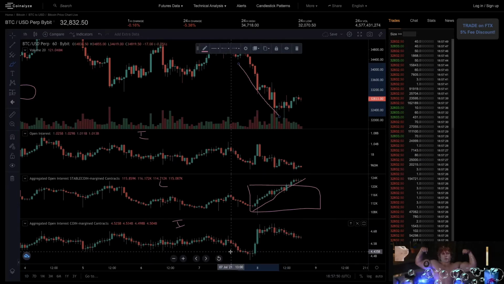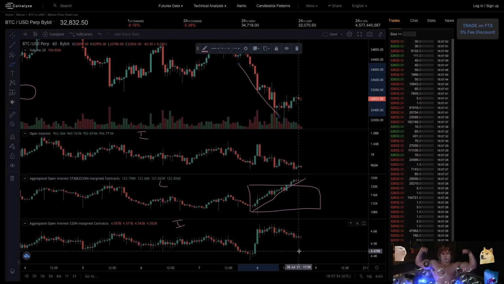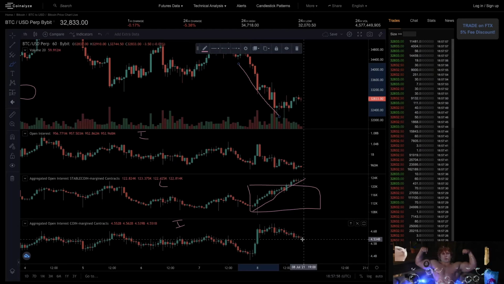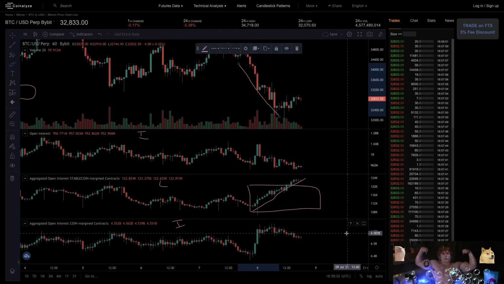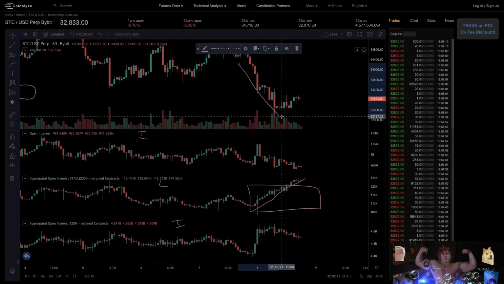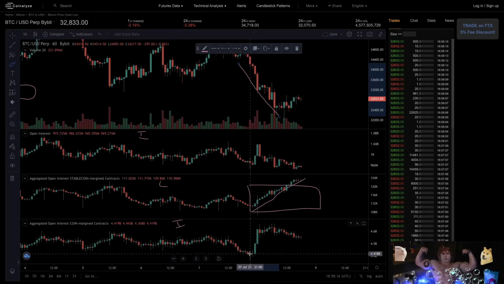Remember, open interest is the total of longs and shorts open for an exchange or some number of exchanges. It's always 50% longs and 50% shorts. But as things start dumping, people will start getting liquidated on their longs.